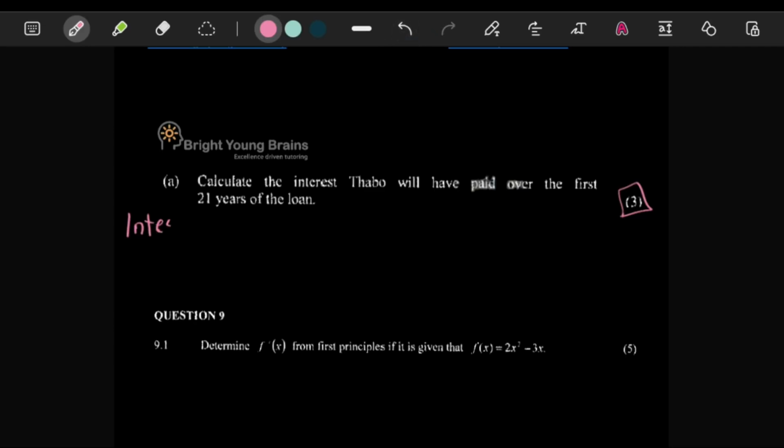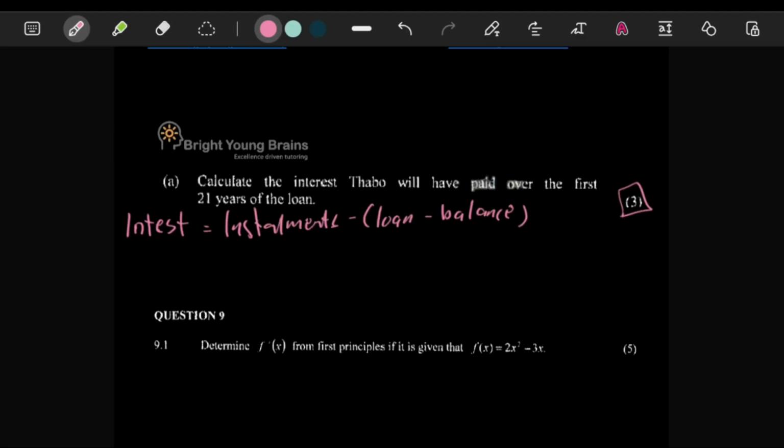Your interest will always be equal to installments minus the loan minus the balance. Keep in mind where I've put the brackets, because that's important.